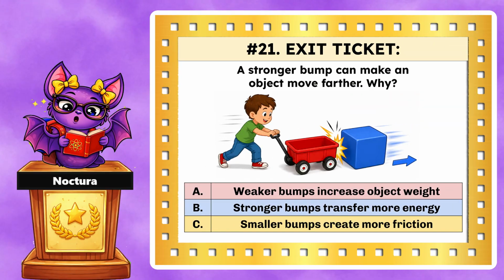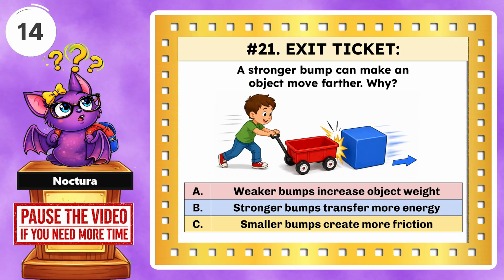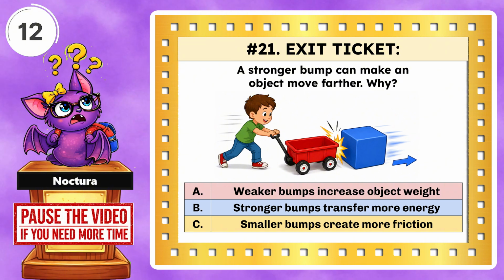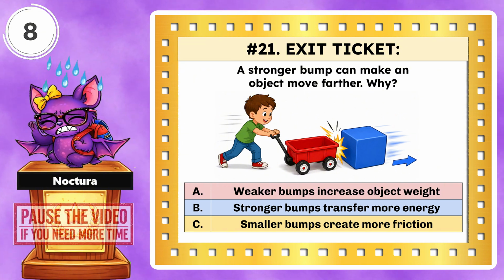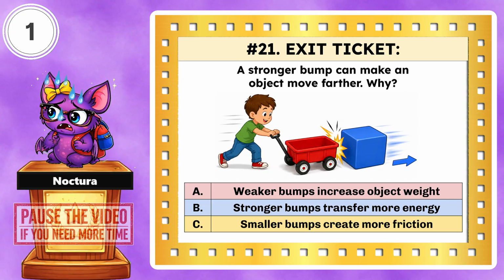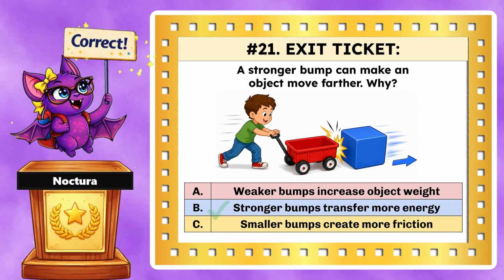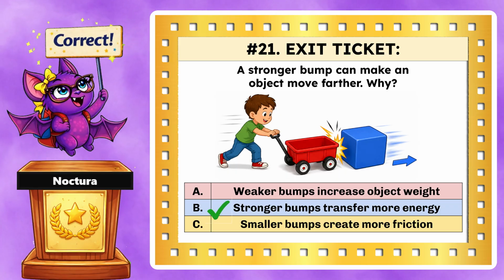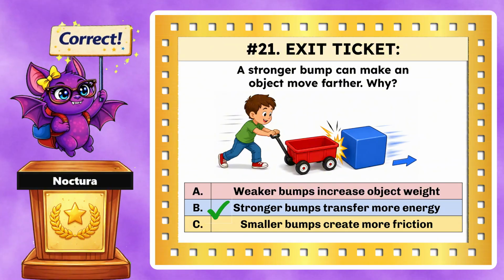A stronger bump can make an object move farther. Why? And the correct answer is letter B. Stronger bumps transfer more energy.